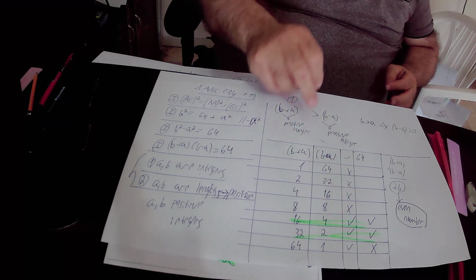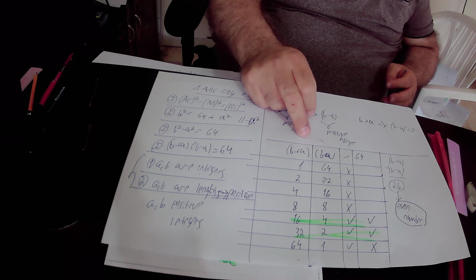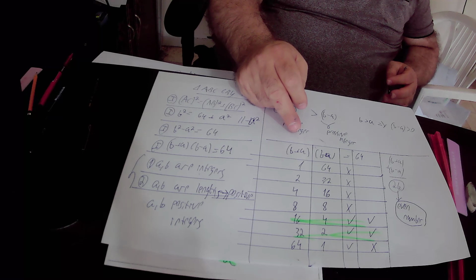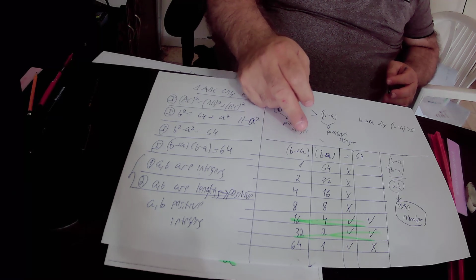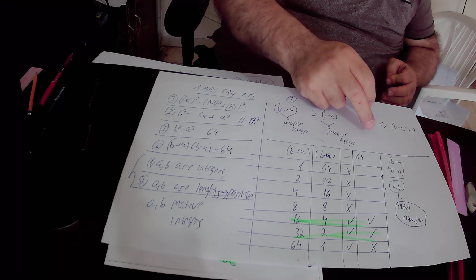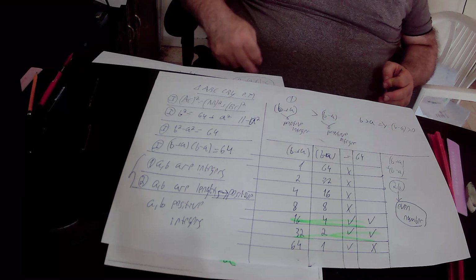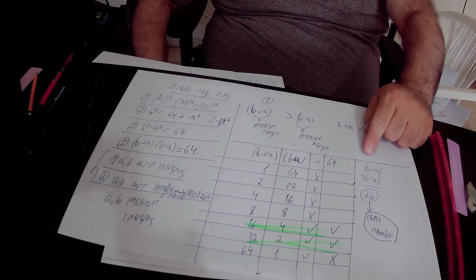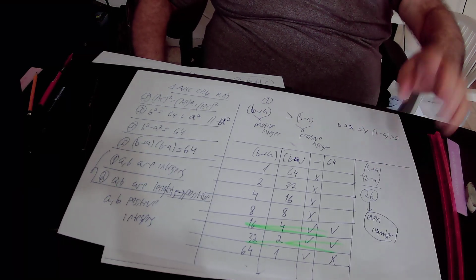Now we will add the two numbers together, that is, B plus A plus B minus A. If we add the two numbers together, B plus B is 2B and A minus A is 0.